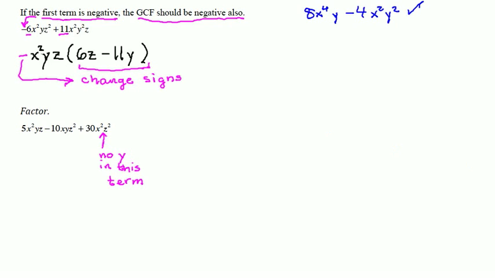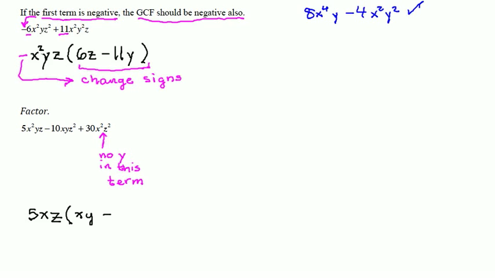So my GCF here, looking just at the numbers first, I'm going to take out a 5. Then looking at my x's, it looks like x to the power 1 is my smallest power of x. Then looking at my z's, it looks like also z to the power 1 is my smallest power of z. So remaining from the first term, I have xy.